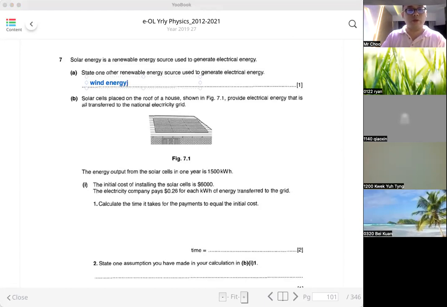Oscar, your question 2 is correct as well. Well done. Okay, besides wind energy, what other energy have you learned? Like water dam. Okay, water dam, hydroelectric energy. You don't really find that in Singapore, but in some big countries where they have big rivers, they have a dam to harness the power of a flowing river. So this could be the possible answer.